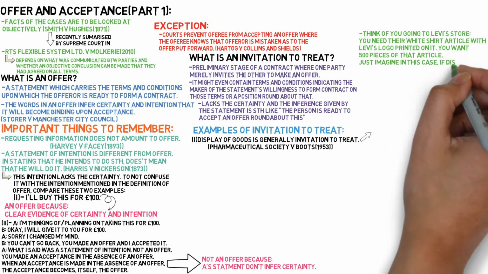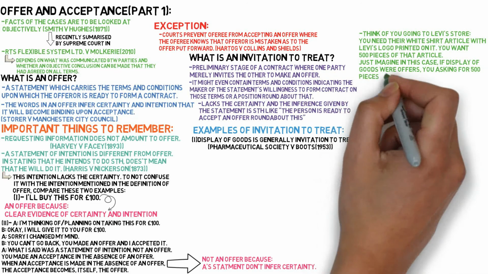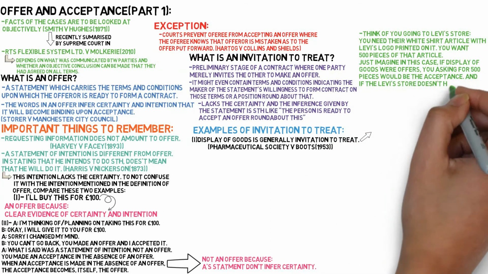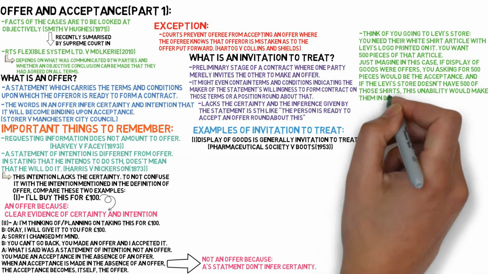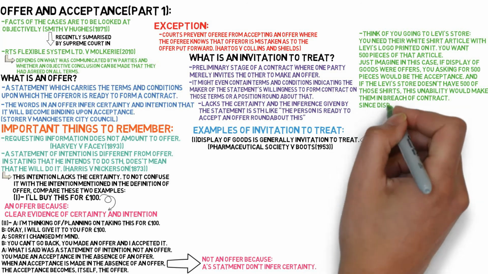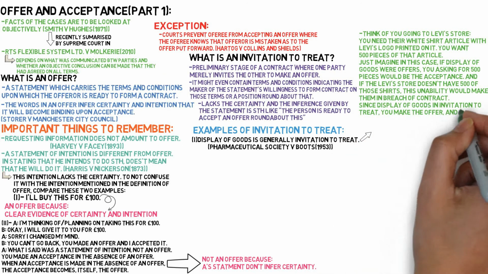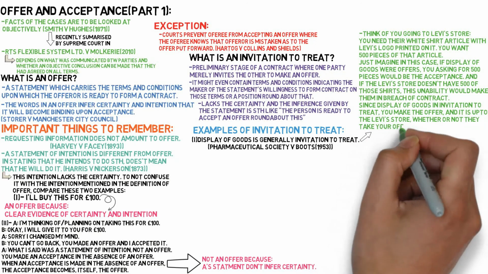Just imagine in this case, if display of goods were offers, you asking for 500 pieces would be the acceptance, and if the Levi's store doesn't have 500 of those shirts, this inability would make them in breach of the contract. Since display of goods is invitation to treat, you make the offer and it is up to the Levi's store whether or not they take the offer.